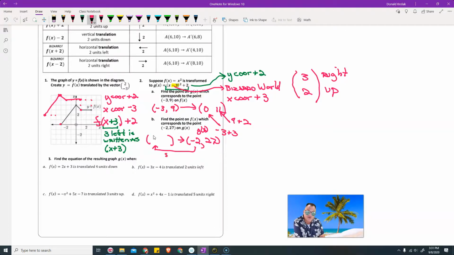Now you're going to subtract 3. And this would be -5. If I added 3, I'd be at -2. Okay? The reverse of adding 2 to get the y coordinate. Okay, I added 2, so now I'm going to subtract 2. And that would be 25.